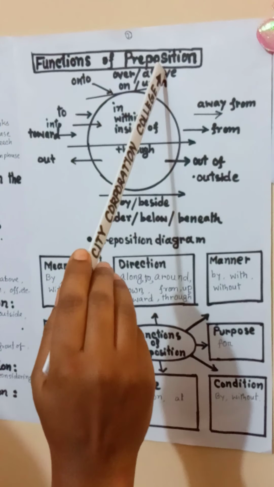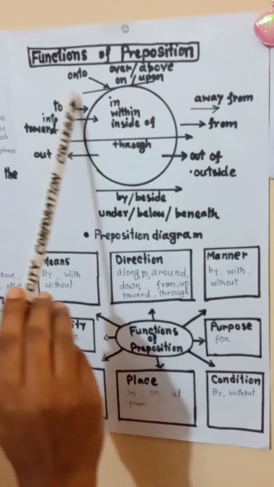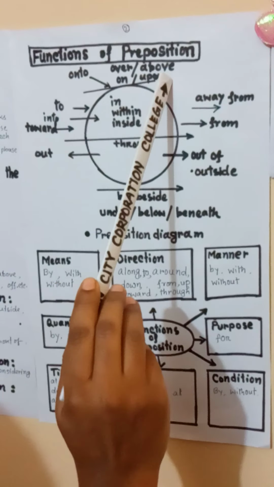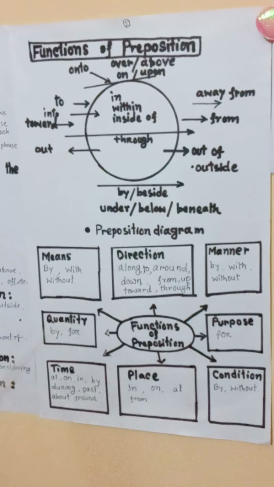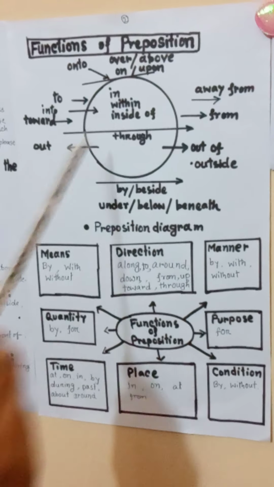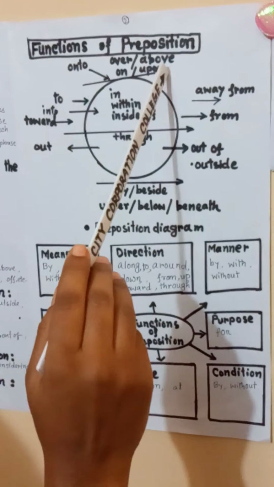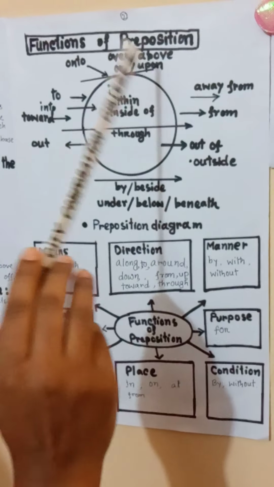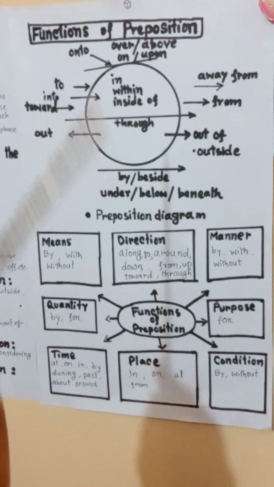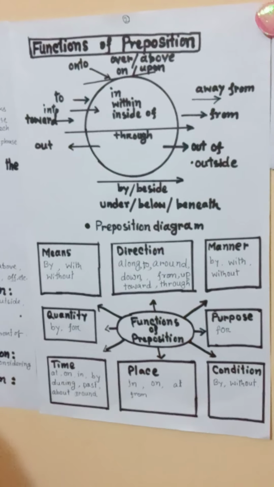Over, above, not attached to this. And on and upon, you can use on or upon if something is attached to this area or this place. We use on and upon. If not attached, we use over or above.